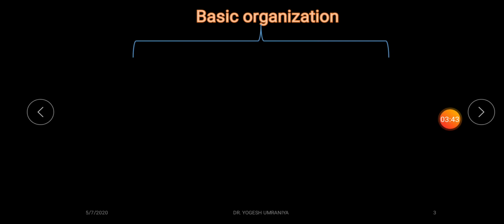Now within a single lobe there is aggregation of the acini, which is concerned with the production of the secretory material, and that aggregation of acini is termed as the lobule.